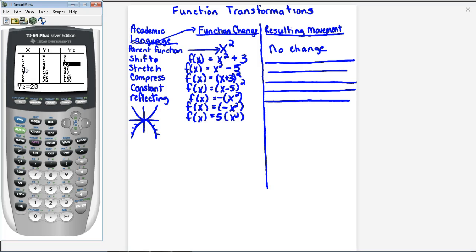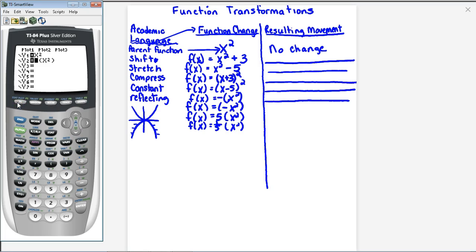Now, we can also make it shorter and fatter. And the way we do that is we multiply it by a number less than 1, but greater than 0. So let's make that 1/5 instead of 5. What happens? It should make it shorter and fatter.